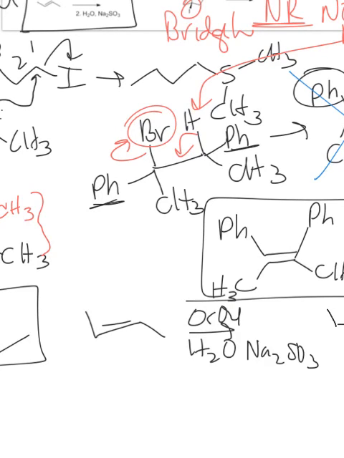Your diol is going to be on the same side here. That's how I drew these on the same side with the bonds coming at you, because you're going to get the cis diol.